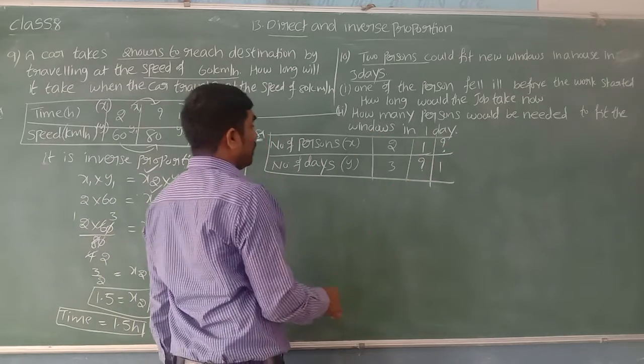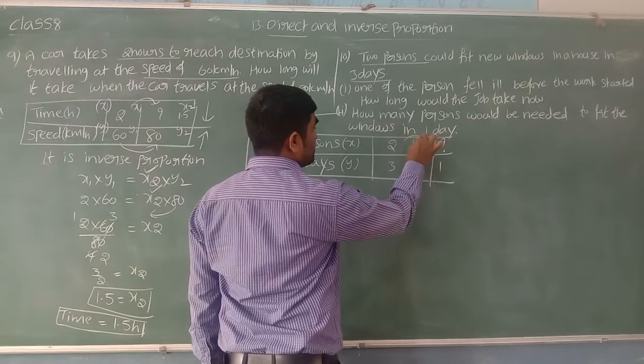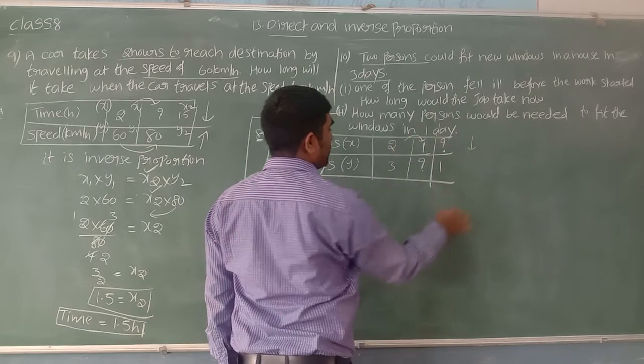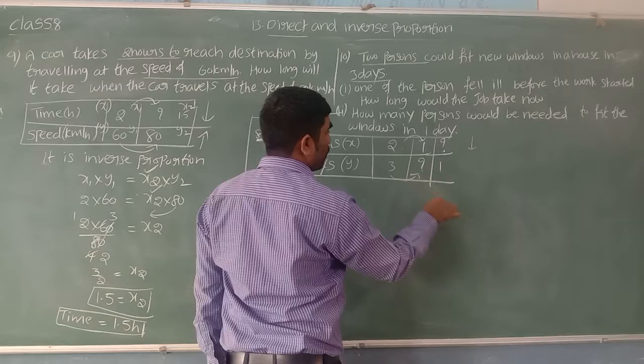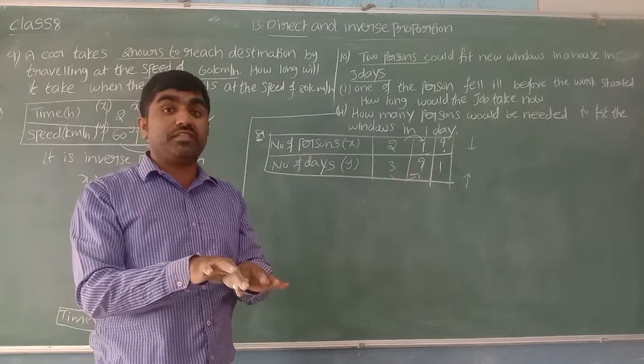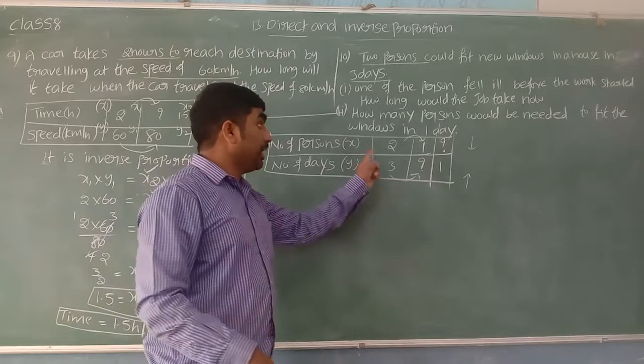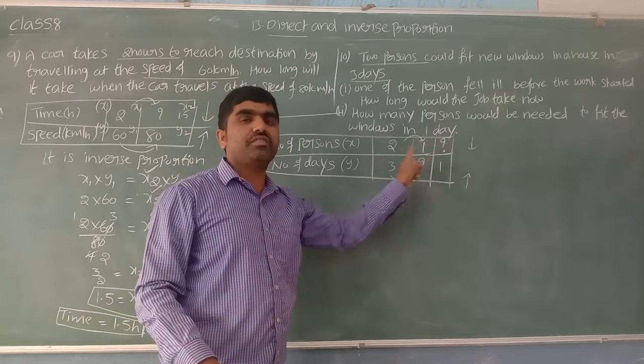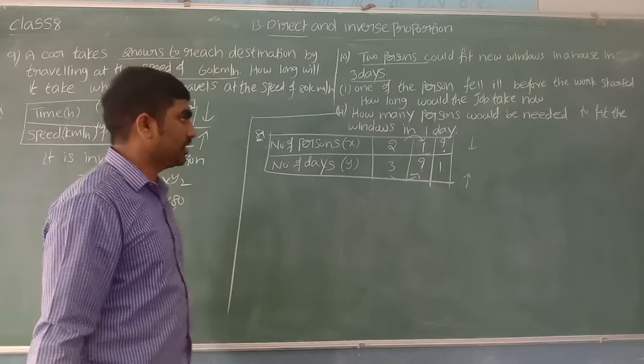And here you can see, when the number of persons is decreasing, the number of days is going to increase. If there are more members, they can complete the work faster. If there are fewer members, they will take more time. That's all.